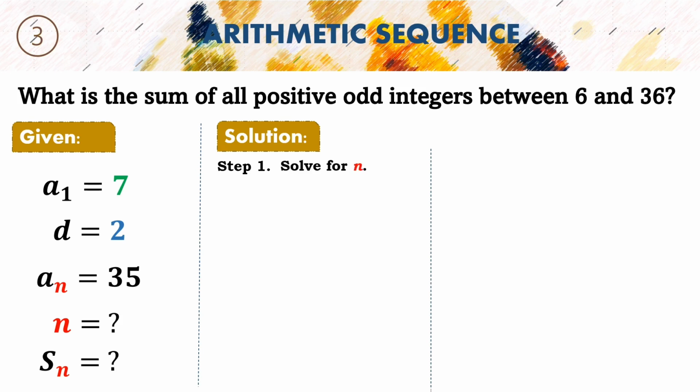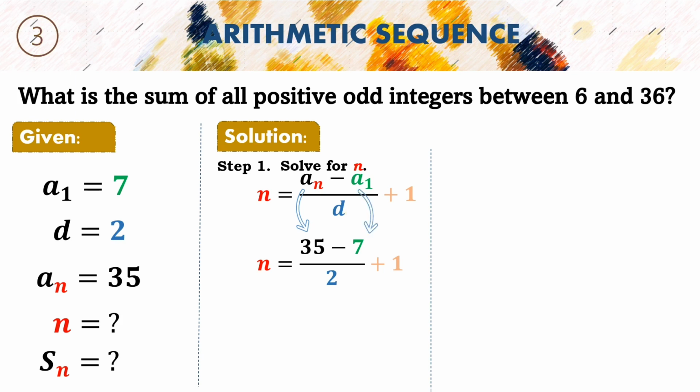Solve for n. Using the formula from example 2, substituting the given, a sub n is 35, a sub 1 is 7, d is 2. Therefore, n is 28 over 2 plus 1, which is n is 15. We can now proceed to step 2, solve for S of 15.